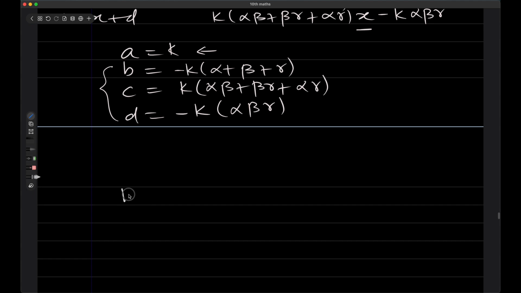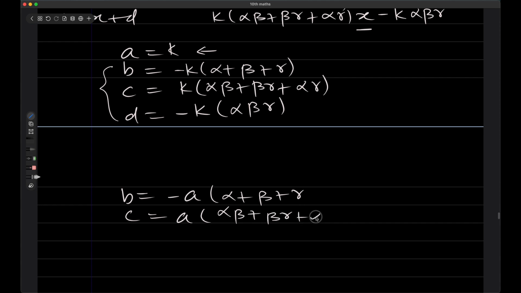We will get b equals minus a into alpha plus beta plus gamma, c equals a into alpha beta plus beta gamma plus alpha gamma, and d equals minus of a alpha beta gamma.